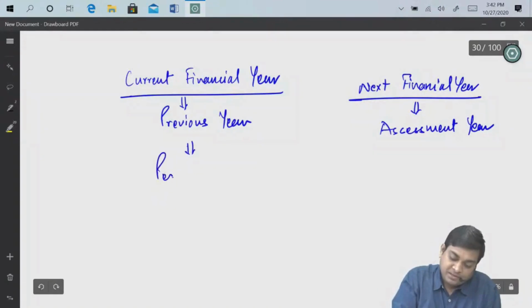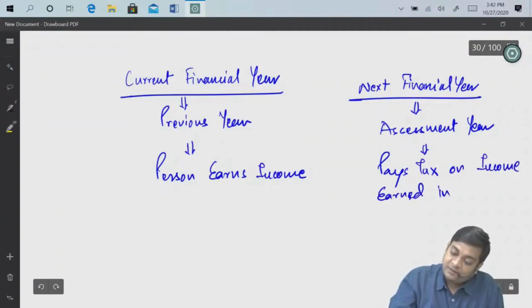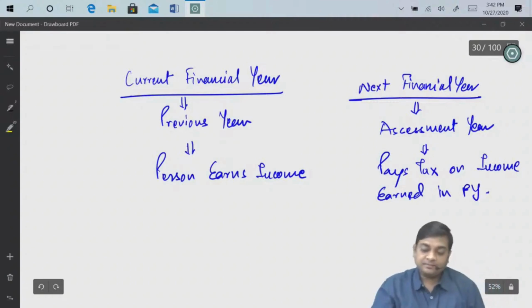So, a person earns income and pays tax on income earned in previous year.